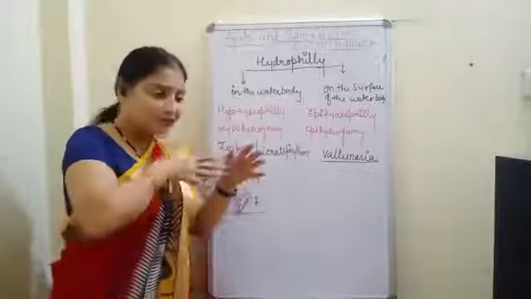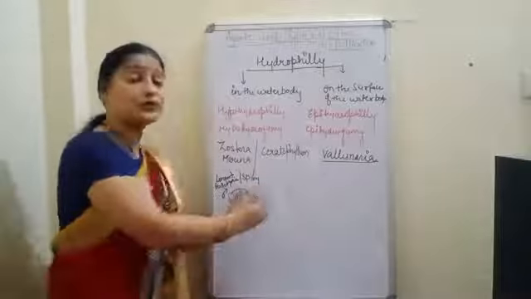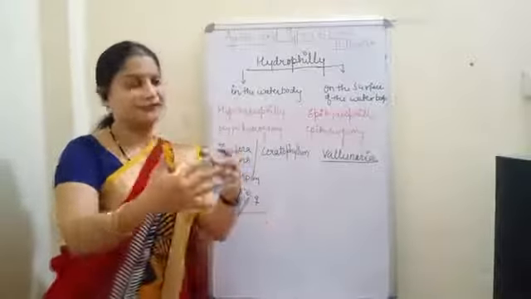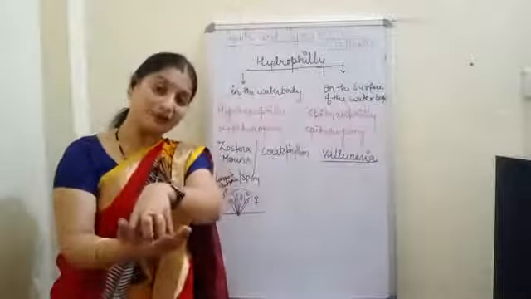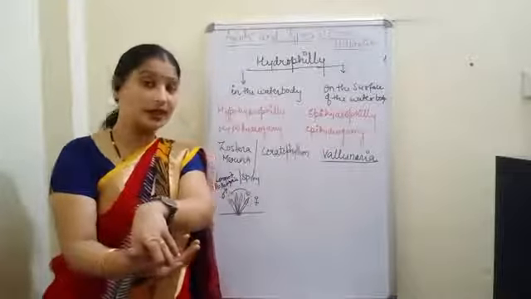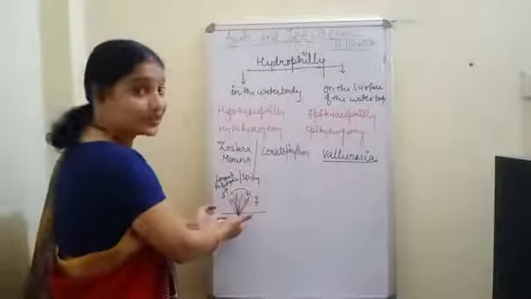And with the flow of the water, when they come in contact with the female flower, they will be attached to the female flower and pollination will occur. This is in case of Zostera.